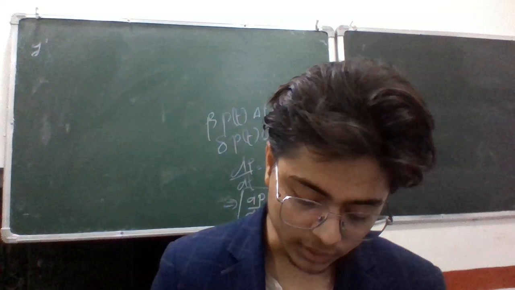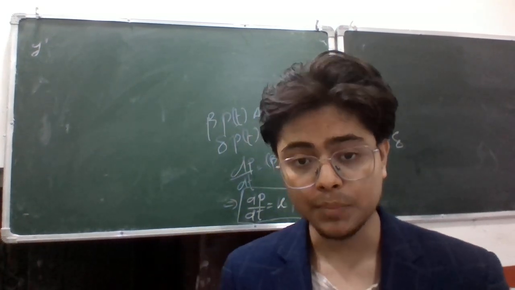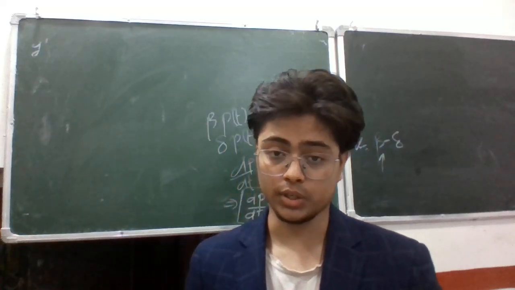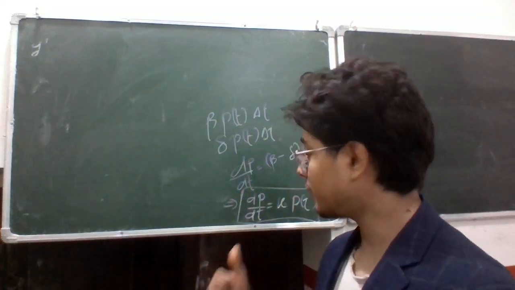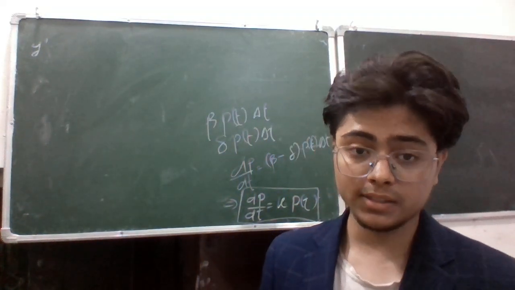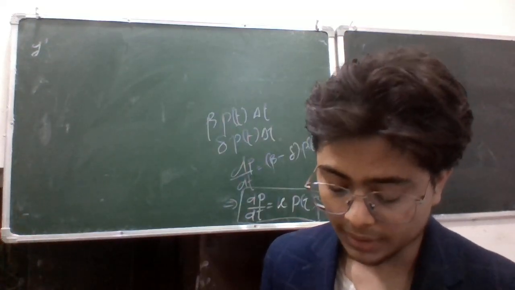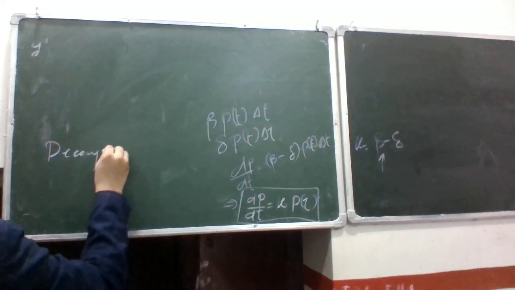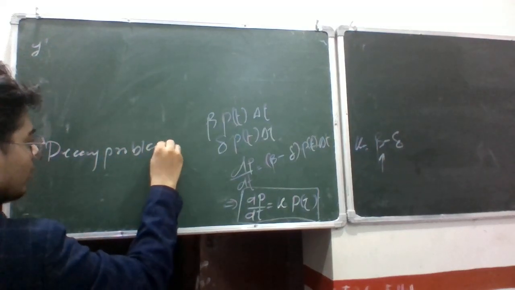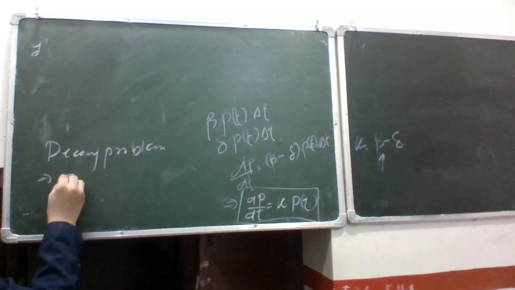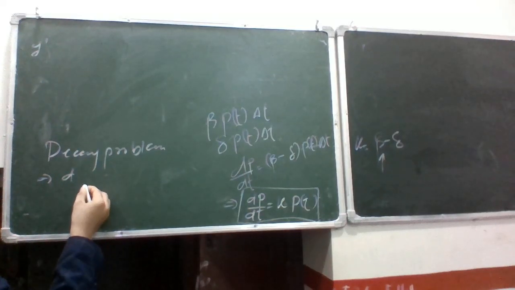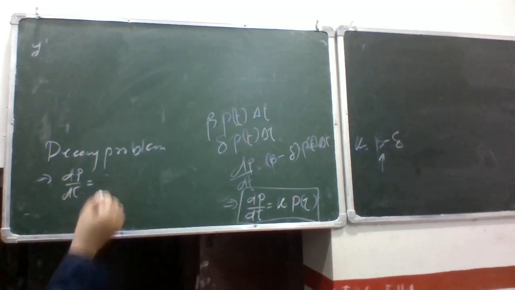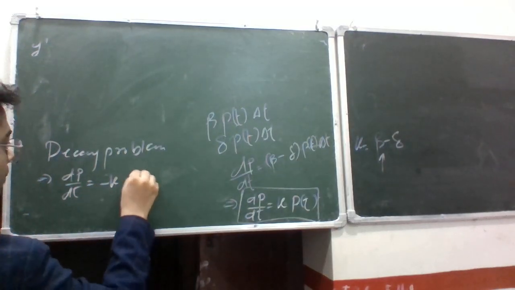Now, similar to this, there is something called the decay problem. The decay differential equation involves the same equation but with a minus sign in front of the k. That means if we have a decay problem, then our differential equation looks like dP/dt equals minus k P(t).